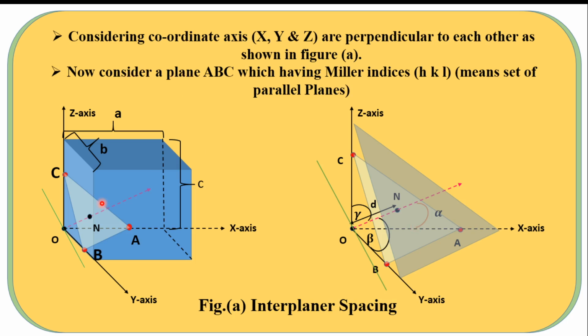Now consider the plane ABC, which has the Miller indices h, k, l. Similarly, this plane also has the Miller indices h, k, l, meaning a set of parallel planes, because all these planes are parallel. A parallel plane has the same Miller indices.